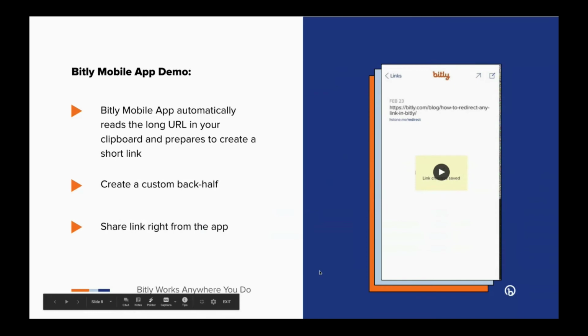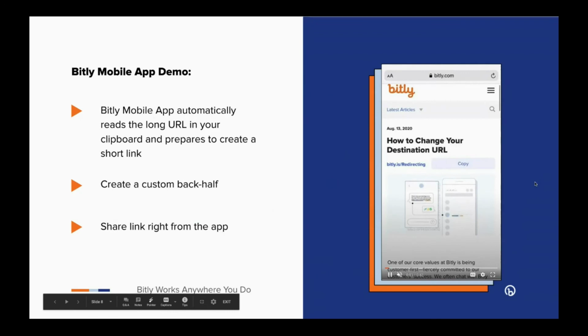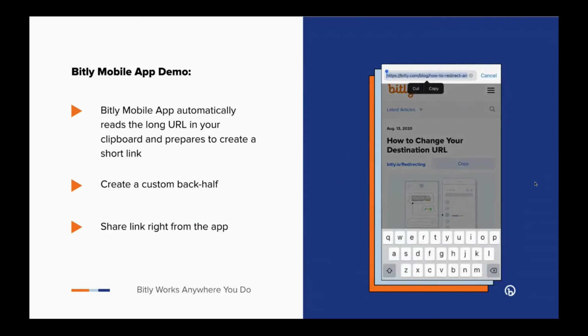Excellent. Thanks, Kelsey. Yeah, so the mobile app can do a lot of the things that the desktop app can do. I also use it, as Kelsey mentioned, to share links with my friends and family, or even if there's content that I want to save, it's a good way to manage those links and manage content inside of your phone. So when you're using the mobile app, our demo here is going to show what it looks like to copy an article from, in this case, Mobile Safari on an iPhone.